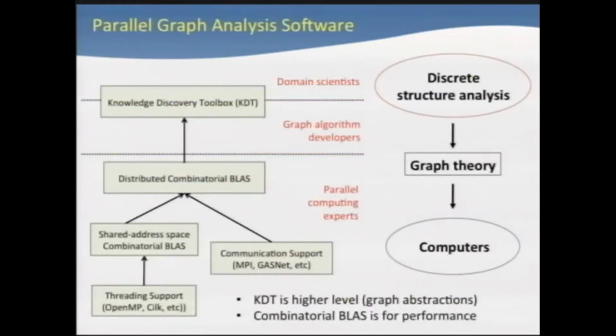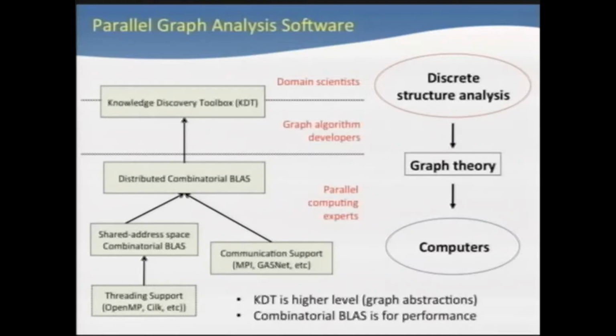So here's the software stack that we think is very scalable. Let me start with what this is. We think of 3 agents that are in this world. The domain scientist is the biologist, the chemist, or astronomer that wants to use your system. He doesn't know about graphs, but he knows there's a graph problem.